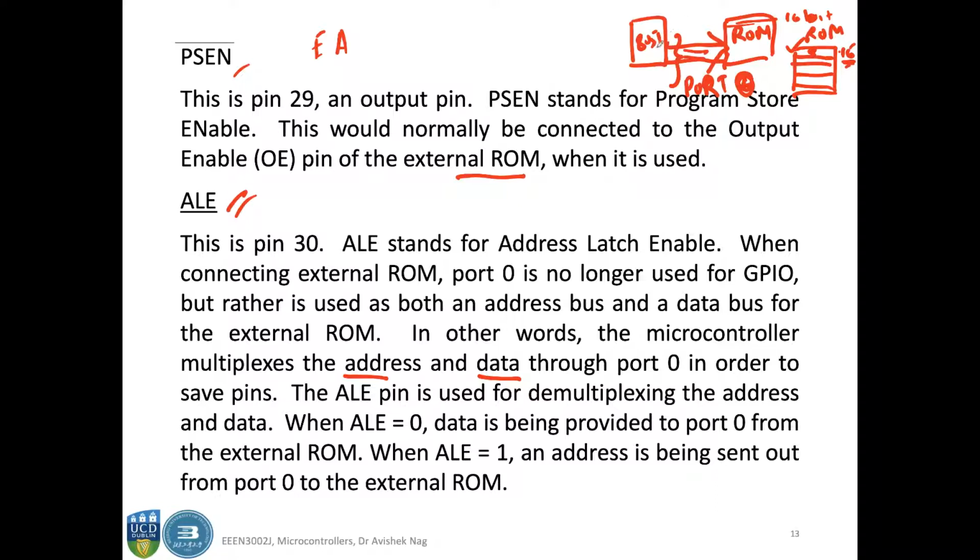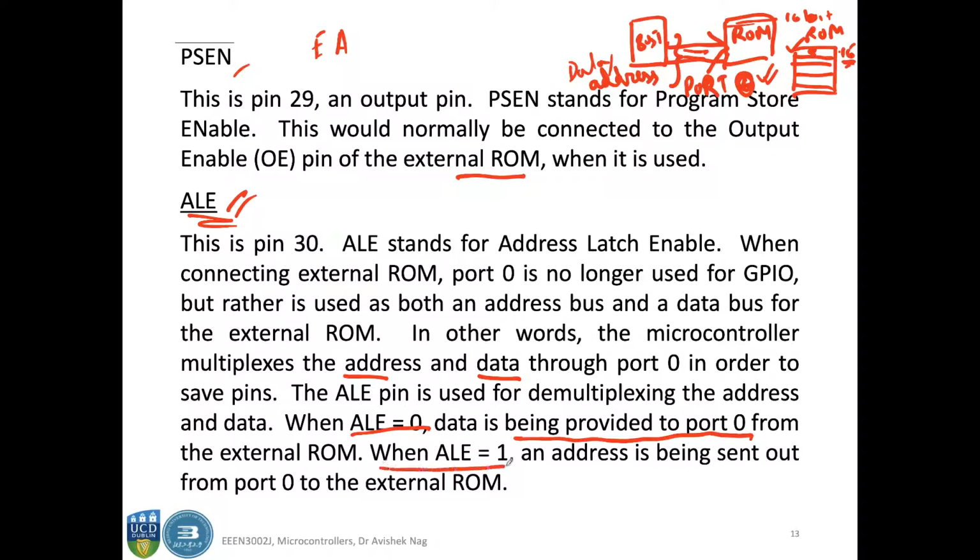Okay, and since port 0 is used both for data and address, there has to be a way to multiplex this, or switch between data and address, and that is actually done by this ALE pin. So when ALE is equal to 0, data is being provided to port 0.